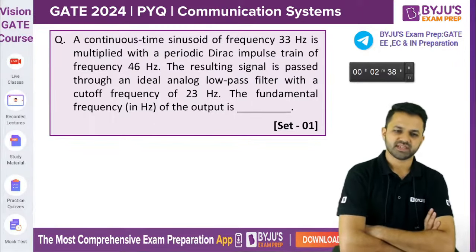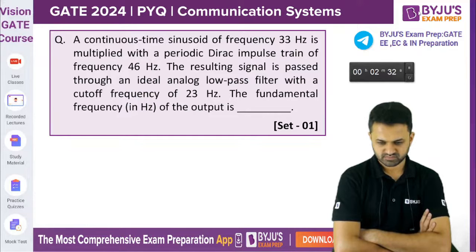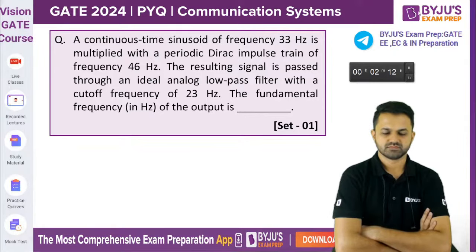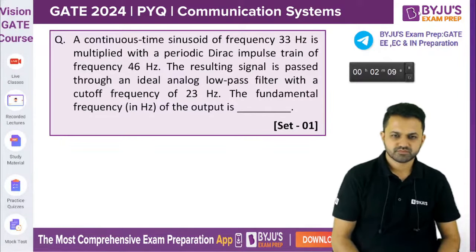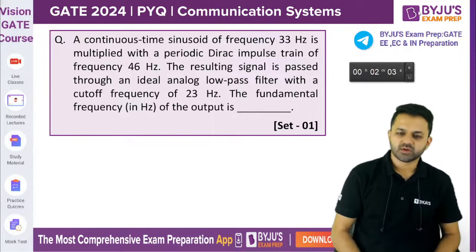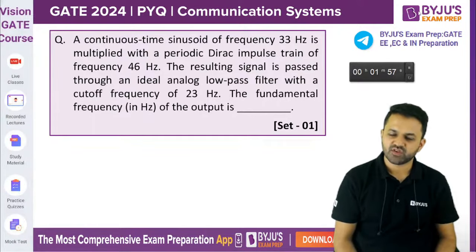Then what is the fundamental frequency of the output? Okay, so here we have a continuous time sinusoid of frequency 33. If we take the Fourier transform, we will get impulses at 33 and minus 33. Correct?